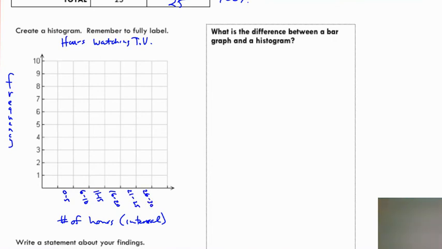Okay, so now usually with the histogram, we might pick different colors. So for 0 to 5, if we look at the table above, we had 3 respondents.